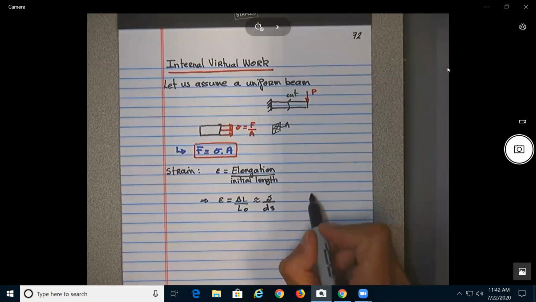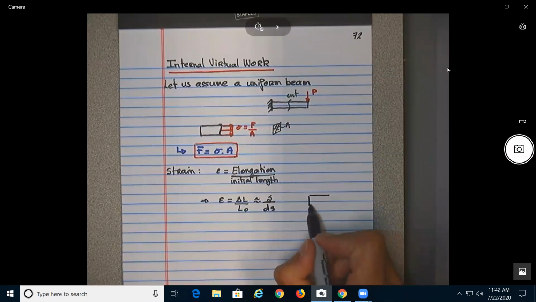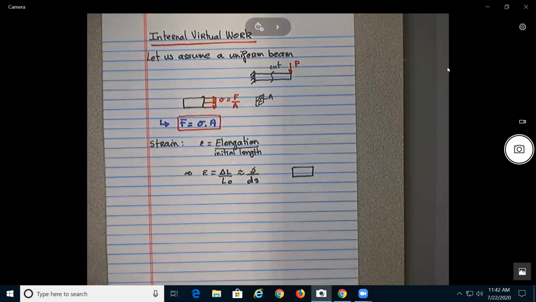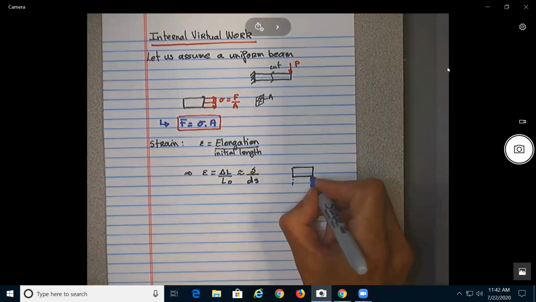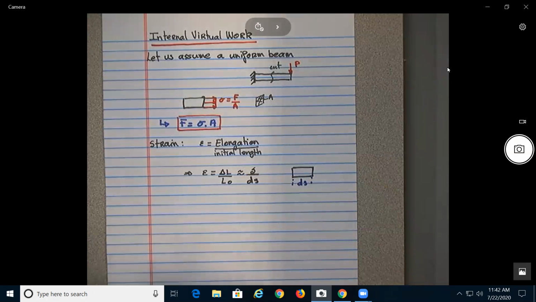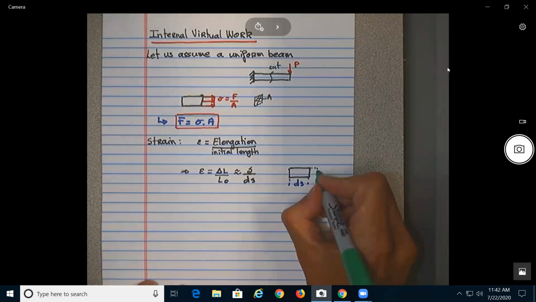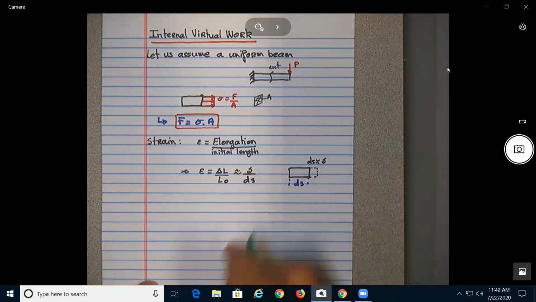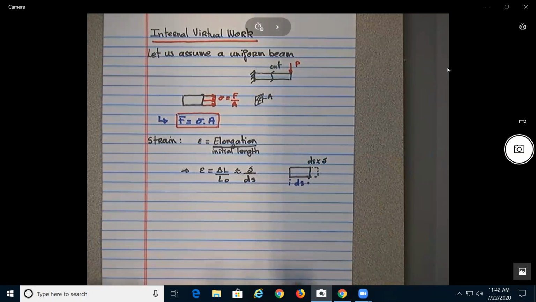So if I redo a little figure here, this will be ds, the initial length, and the virtual elongation here will be our virtual deformation. Okay, I just changed the notation.